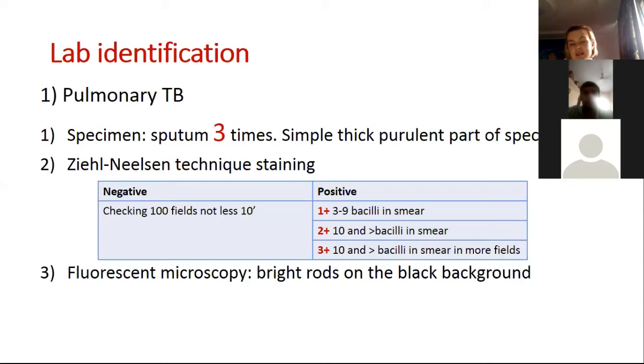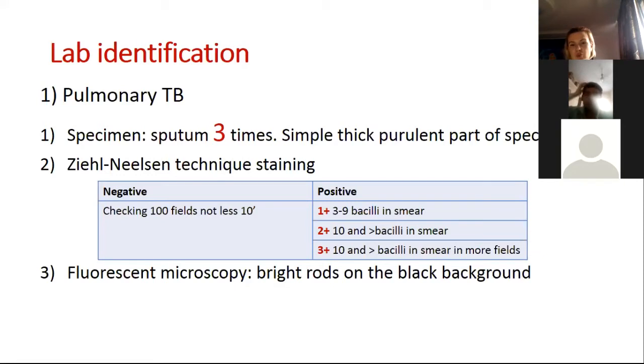Positive 1+ if you detect 3 to 9 bacilli in the smear when you check 100 viewing fields. Next, if you detect 10 or more bacilli in the smear, you record 2+.